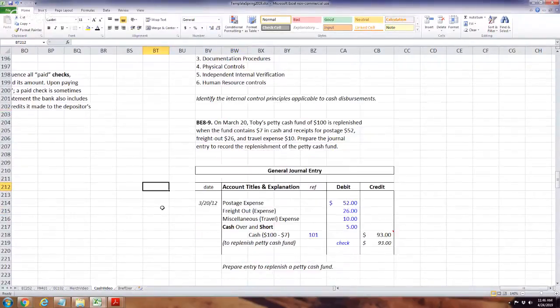So we're here with this one, and it says there's a freight out expense, $26, travel expense, 10, receipts for postage, 52. And the fund is a $100 petty cash fund, and it's replenished when there's $7 in it. That's really what needs to happen with that.